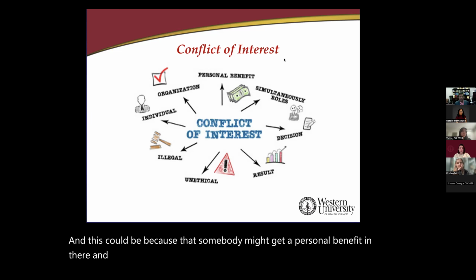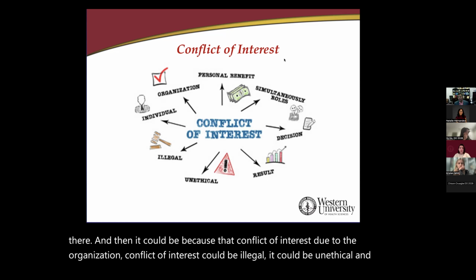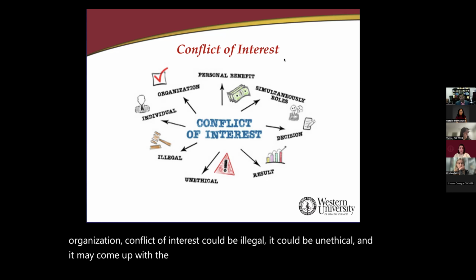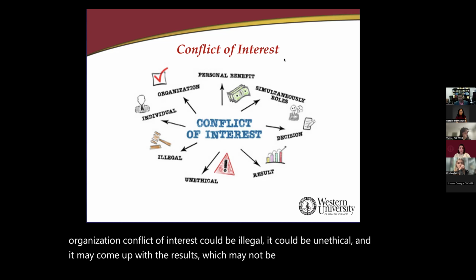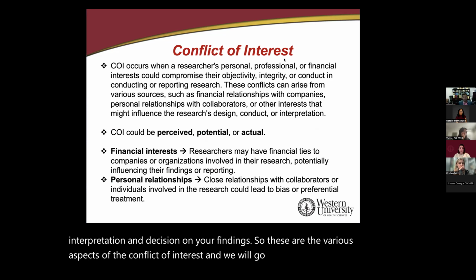And then it could be a conflict of interest due to the organization. Conflict of interest could be illegal. It could be unethical. And it may come up with results which may not be correct, and affect the data interpretation and decision on your findings. So these are the various aspects of the conflict of interest. And we will go into more detail in the following slides.